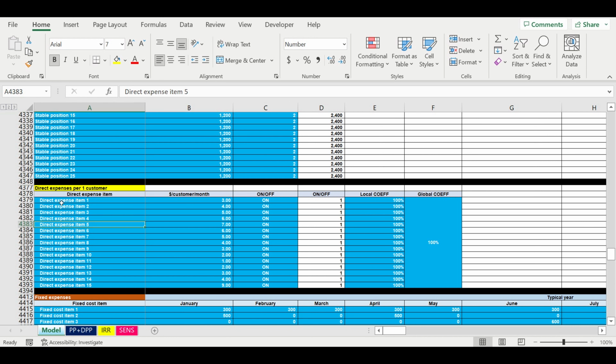But for example, 20% of people who represent customer type number 1 will pay you today. So you will sell to them today, and they will pay you all the revenues today. Then 30% of customer type number 1, you will sell to them today, but they will pay you next month.